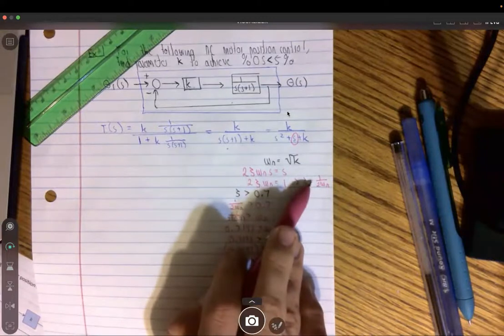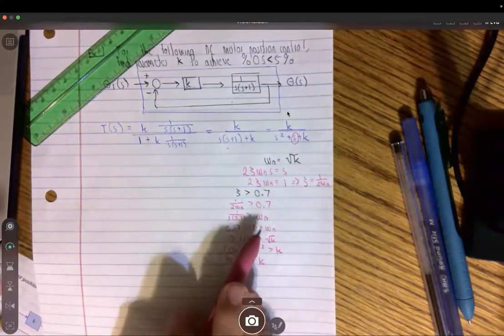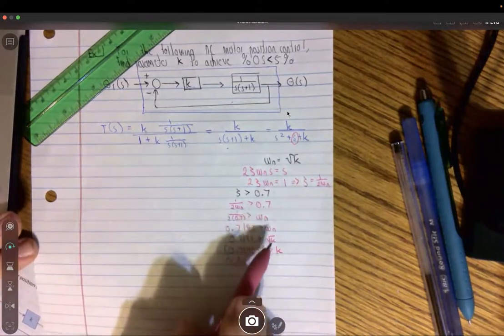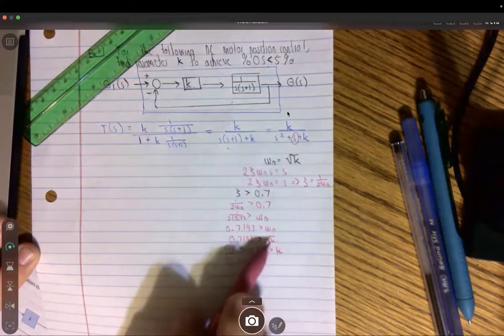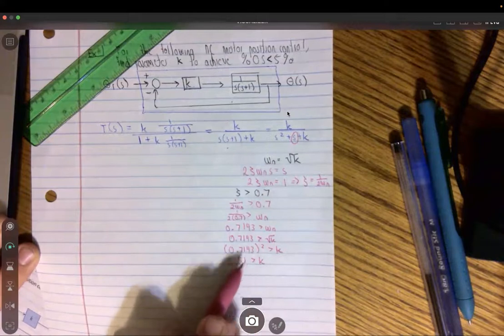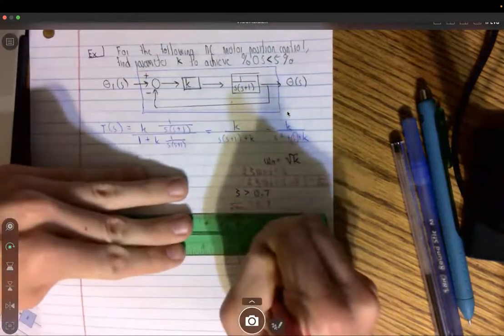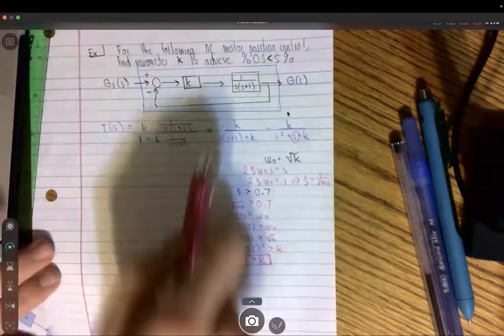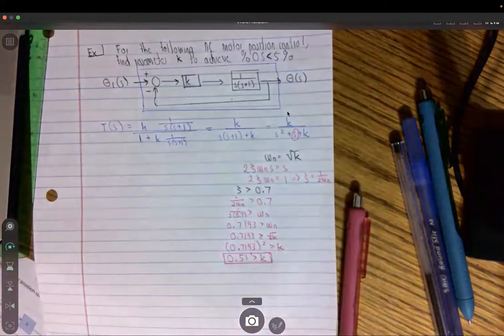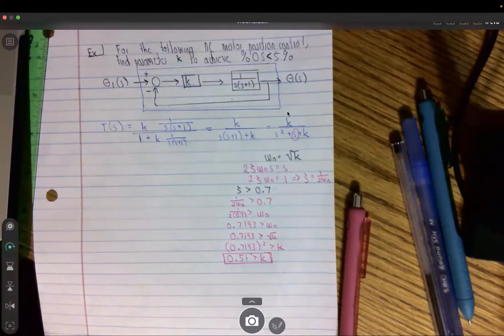Plugging in for what we solved for zeta, 1 over 2 omega n, and then solving for our omega n, we then plugged in what we got for omega n, which was the square root of K, and took the square root of both sides. And that's how we arrived at our final answer, where we found what the value of the gain must be in order to achieve a percentage overshoot less than 5%. And so that one is pretty important in order to have a good understanding behind the design aspect.